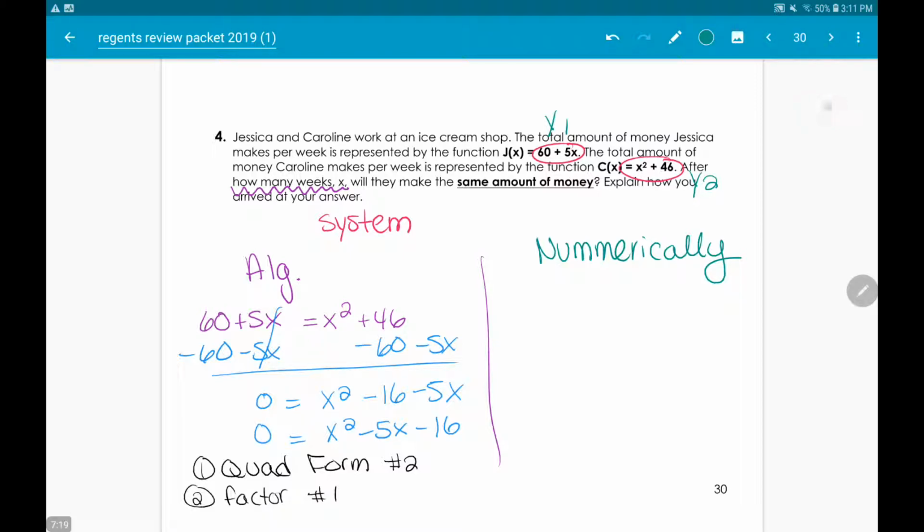And I'm looking for where they're the same or where they intersect. So this is different than the roots. Okay, I'm looking for that point of intersection. So when I look at my table, I see that they intersect in 2 places.